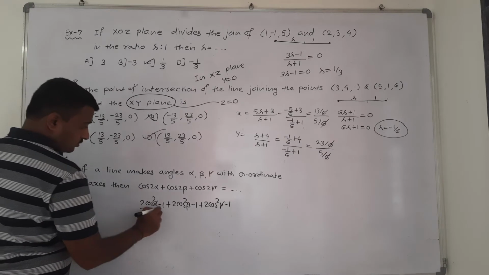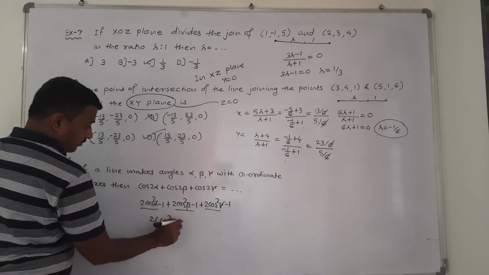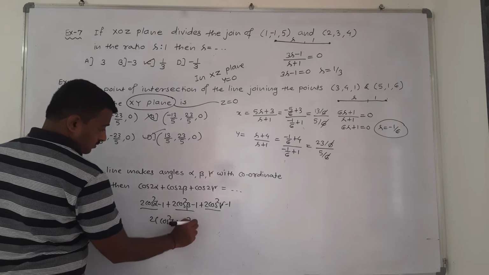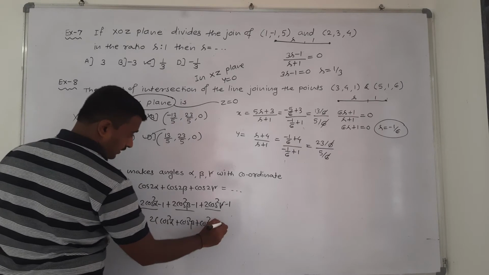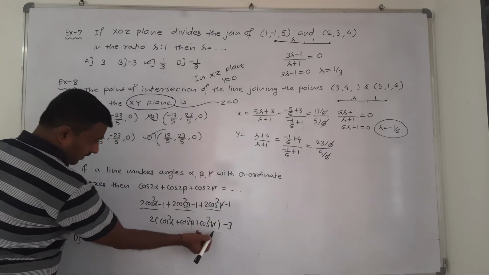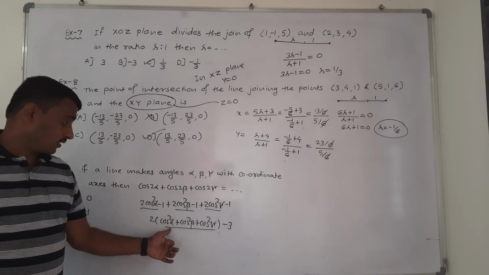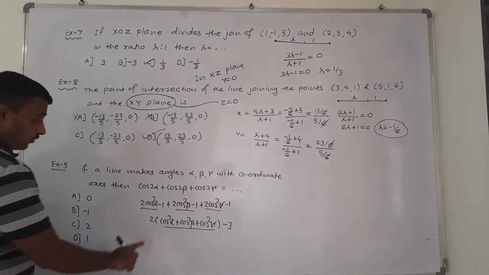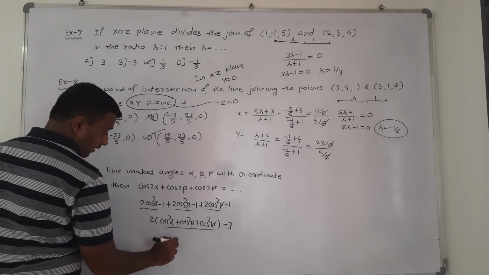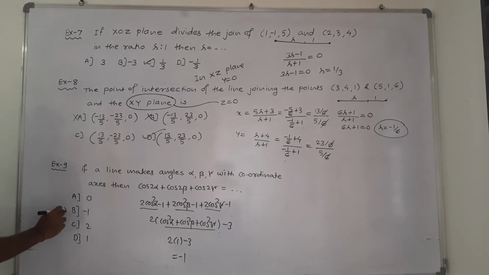That is 2 common, cos square alpha plus cos square beta plus cos square gamma, and minus 1, minus 1, minus 1, it is minus 3. We know the standard identity between direction cosines: cos square alpha plus cos square beta plus cos square gamma is 1 always. Therefore 2 into 1 minus 3, 2 minus 3, it is minus 1. Option is B.